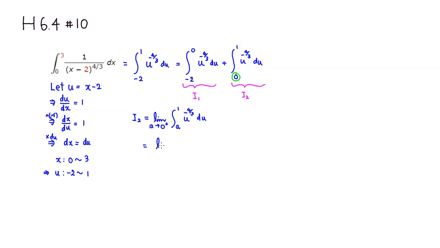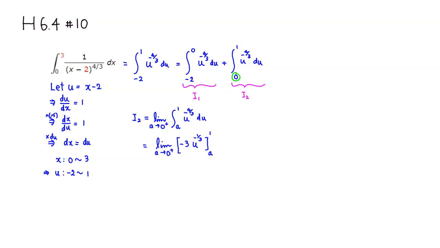So let's evaluate that. You have a limit as a approaches 0 from the positive side. The antiderivative of this: add 1 to the power, so you have u to the negative 1/3. Divide by negative 1/3, which is multiplying by negative 3. And then you're going from a to 1.